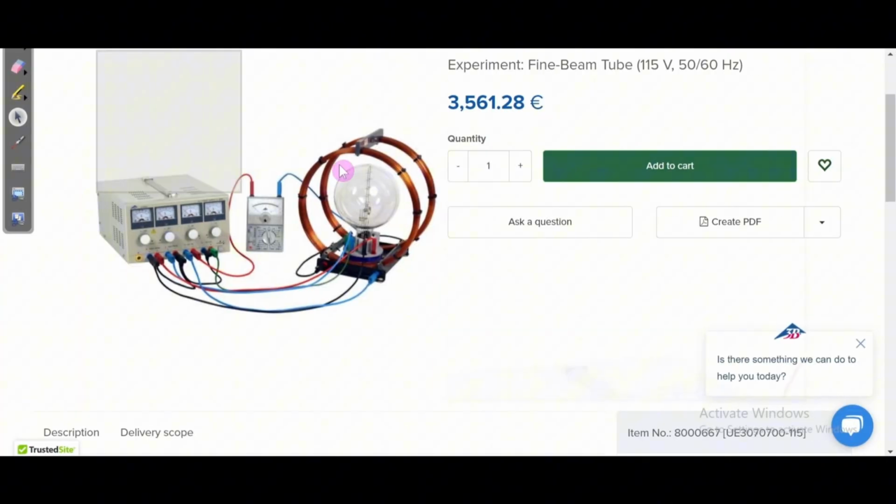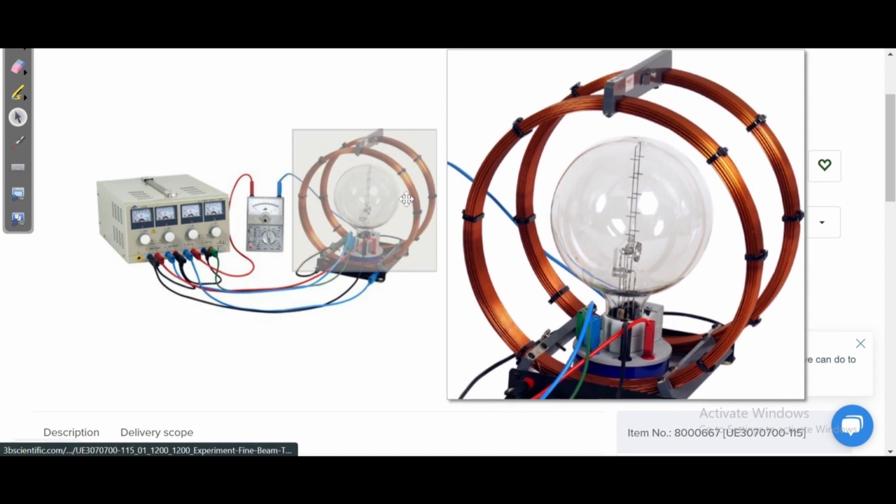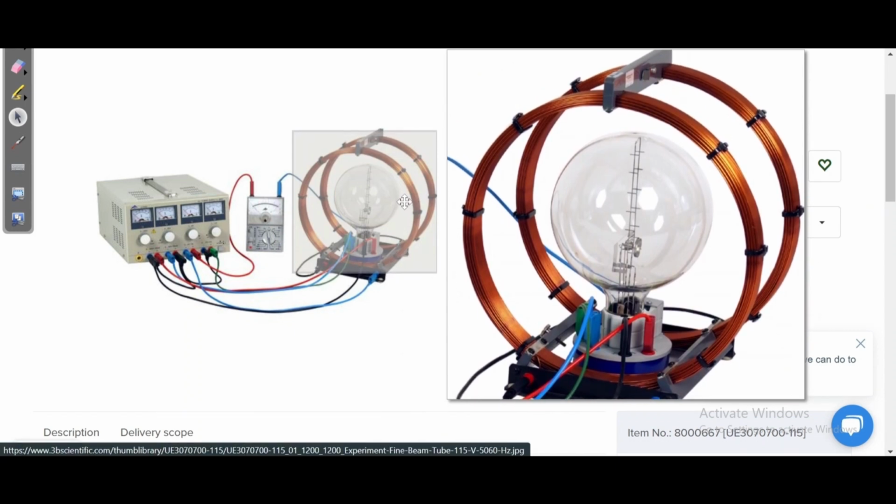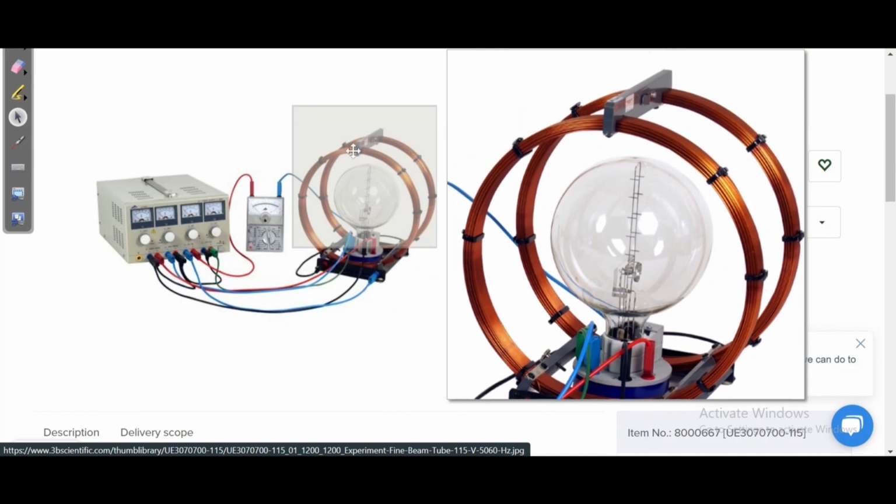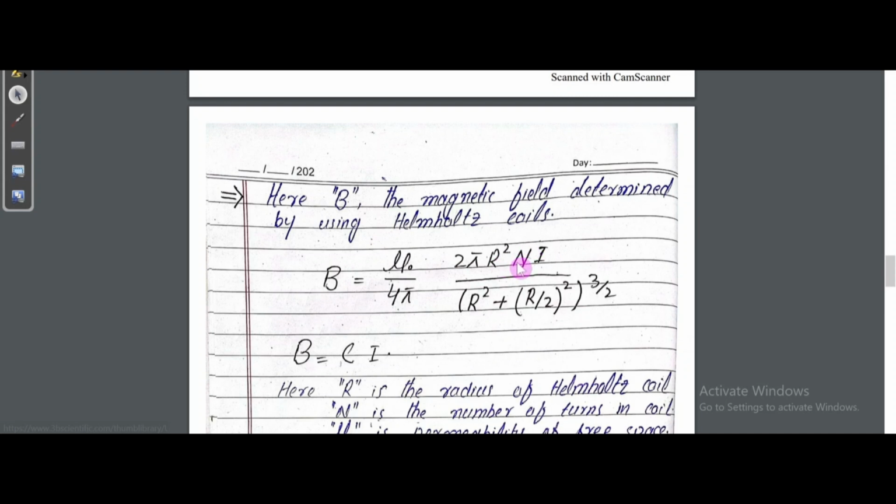Inside this coil we will have a large number of turns, and we will put that number instead of this N. Here I is the current which is provided to that coil in order to produce the magnetic field, and it is also known, divided by this R, which is known, and similarly R by 2 is also known.